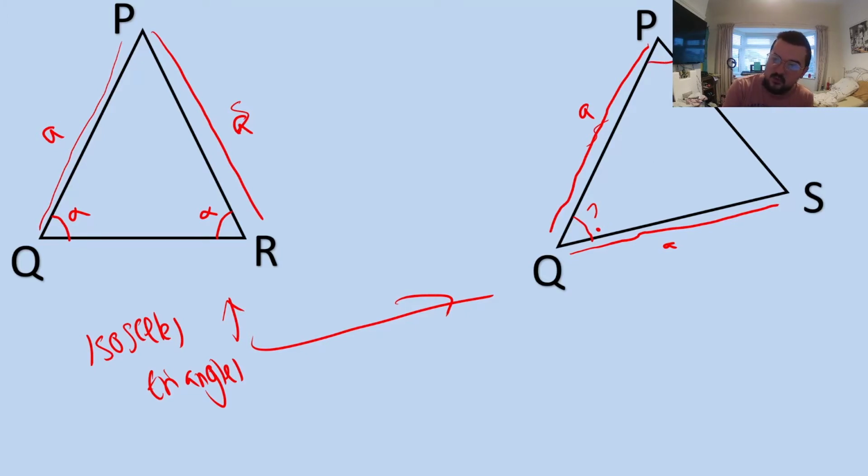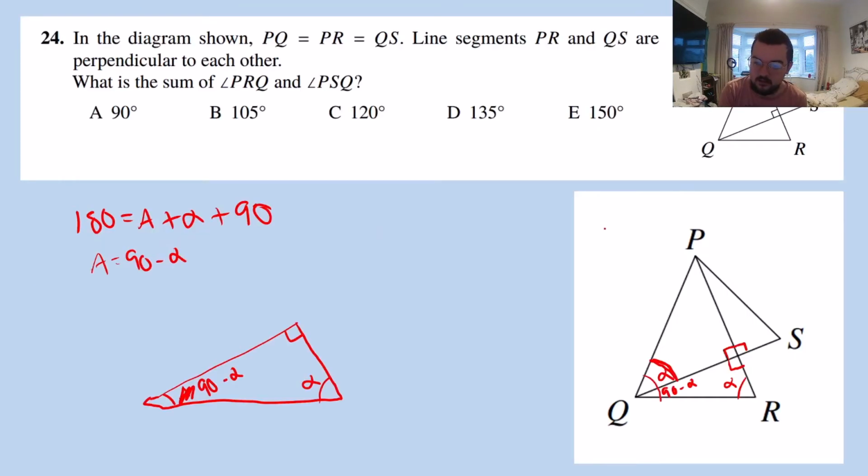However, we do know that these two angles here are both going to be the same. And also we can actually solve for this angle because we know what the total angle is. We know that PQR, so this line goes up to P, R, Q, the whole thing is just alpha. And then we take the line QS, split it into two.